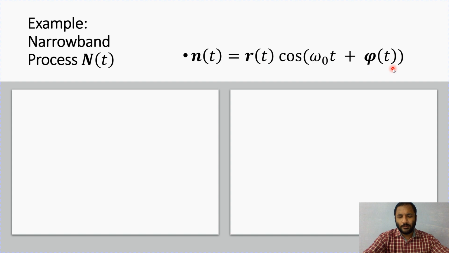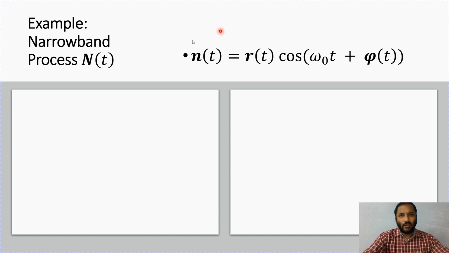That means for all times the random variable was the same. This is a more generalized version of that process, where at each time instant the amplitude is a different random variable, and the phase is also a different random variable at every time.